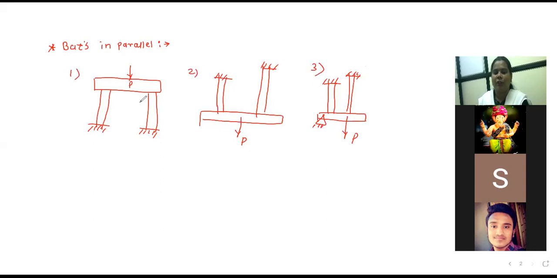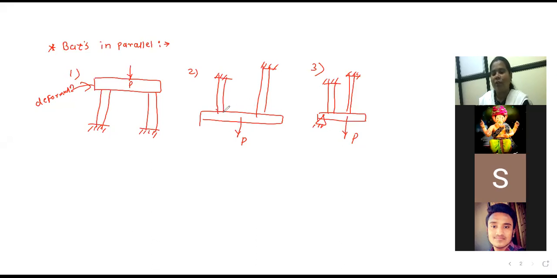In the first condition, bars are parallel but connected by a rigid rod. Rigid rod means deformation is not possible, so we will see this rod is a rigid rod. So in this first case deformation is not possible. In the second case, bars are parallel but connected through an inclined rod.